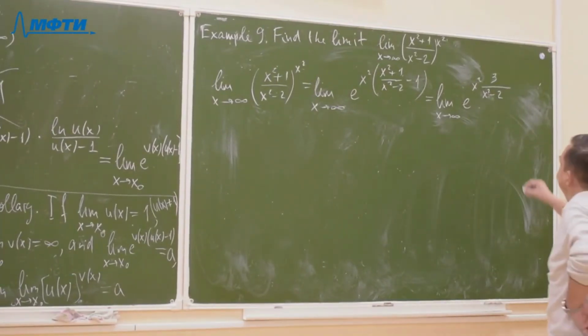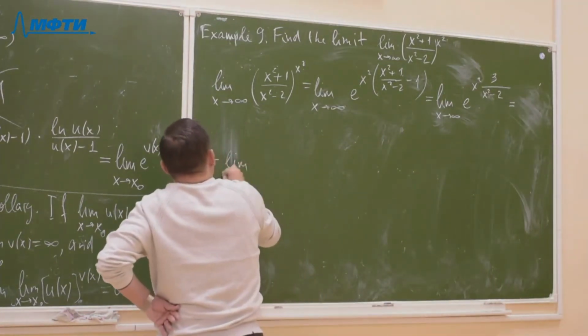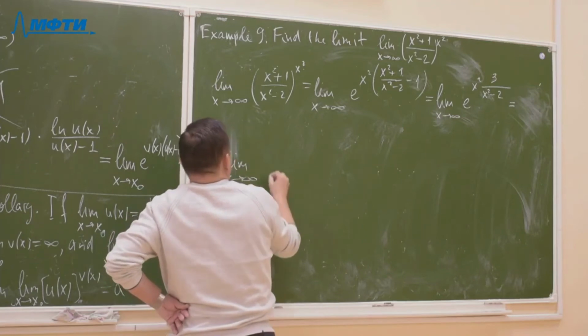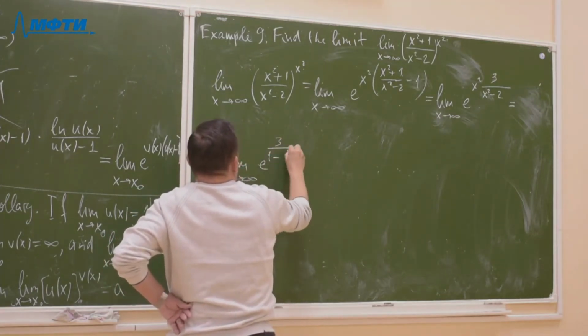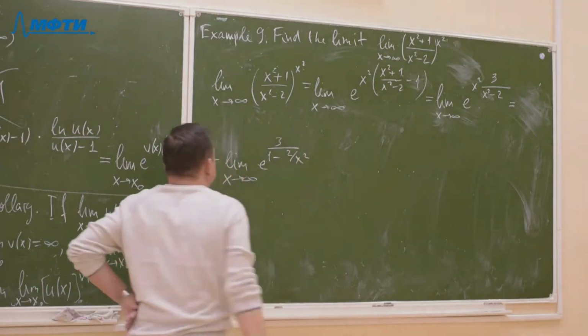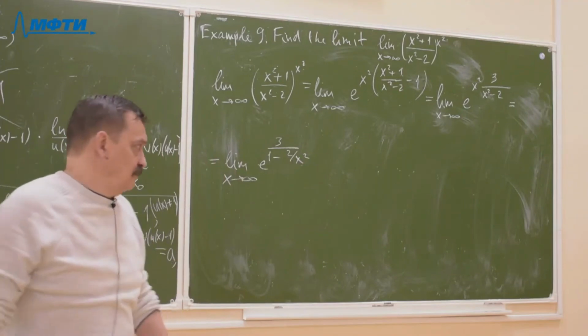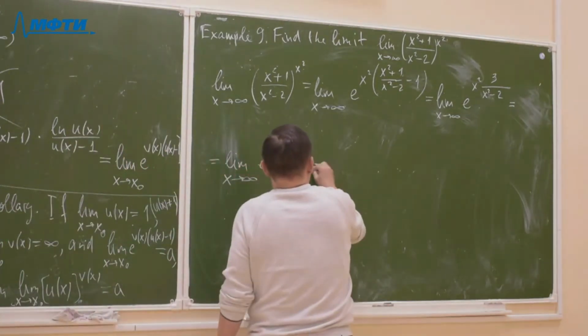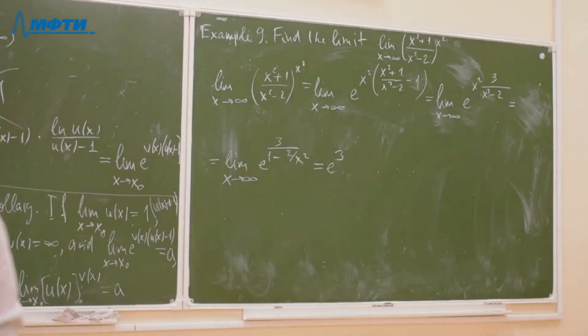And that is the limit as x tends to infinity of e to the power 3 over 1 minus 2 over x squared. Now 2 over x squared tends to 0, and we have e to the power 3.